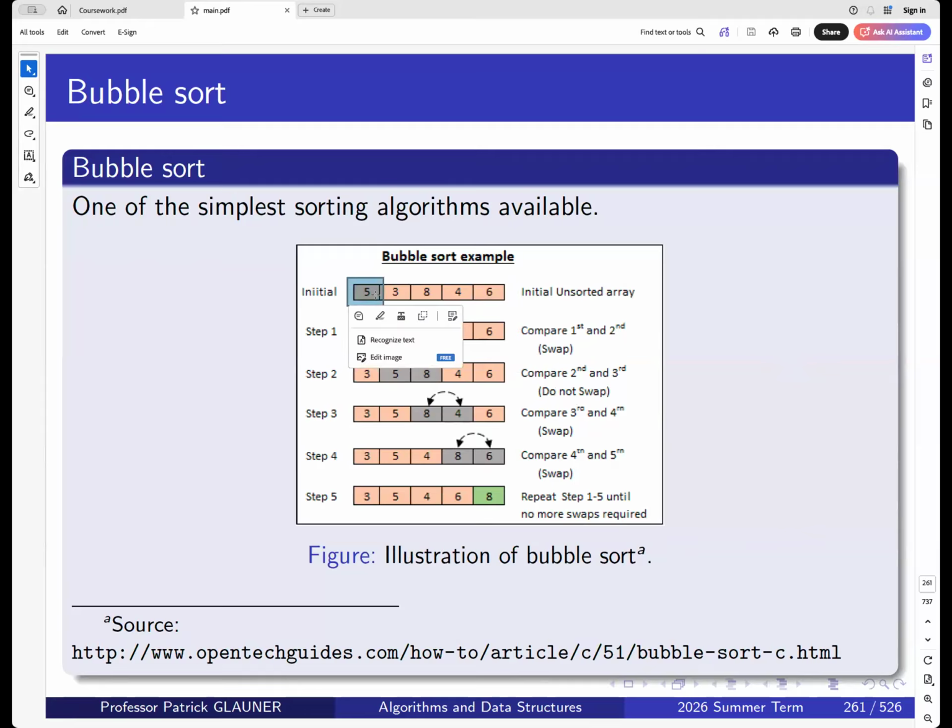So I have a 5 here and say a 5 at the end. And when I sort the data set, I want to make sure that the order of these two fives has been preserved, so that the first 5 will later be the first 5 in the sorted data set, and the second 5 would be the next 5, so that we don't change the order of equal values.